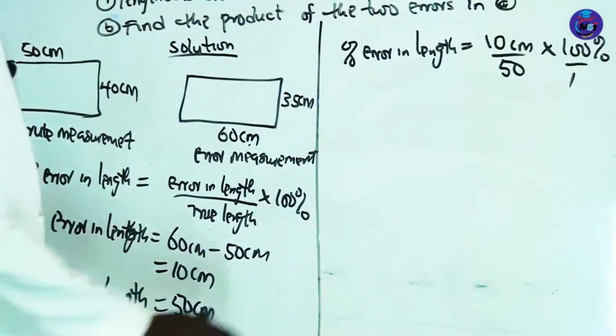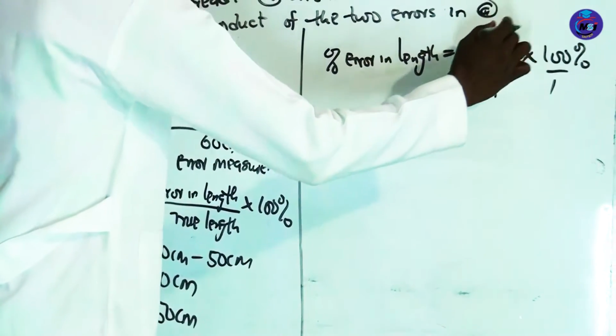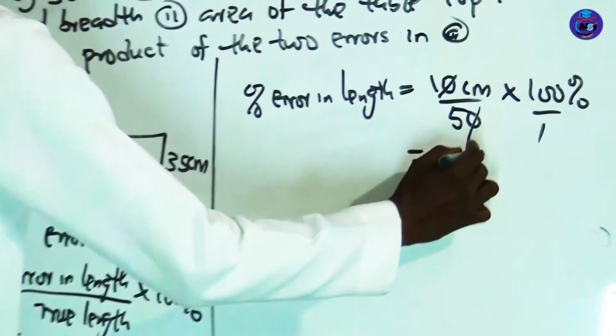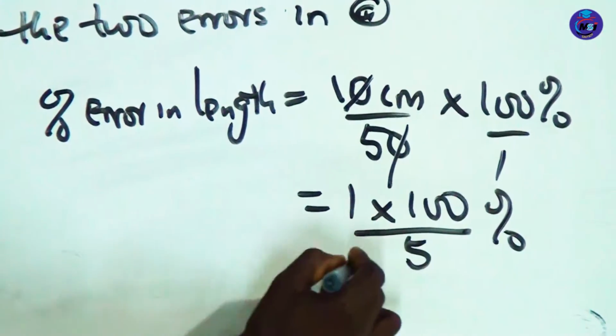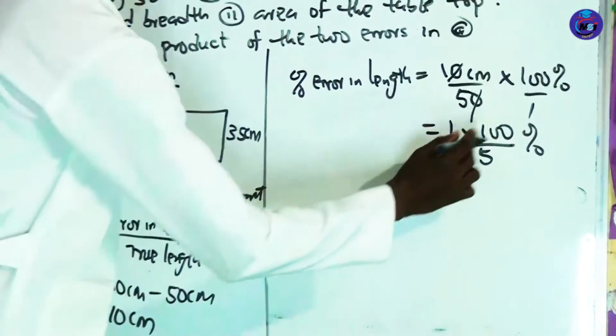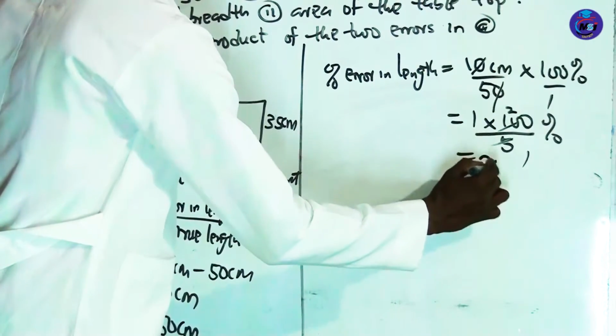Divide this by 1. This 0 will cancel this 0. You are left with 1 times 100 divided by 5%. So this will give us 100 divided by 5. 5 here 1, 5 here 2. This will give us 20%.